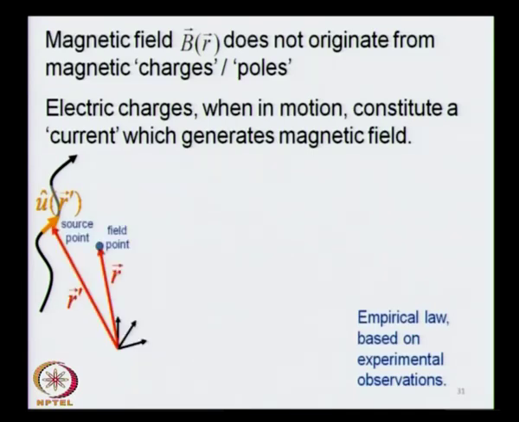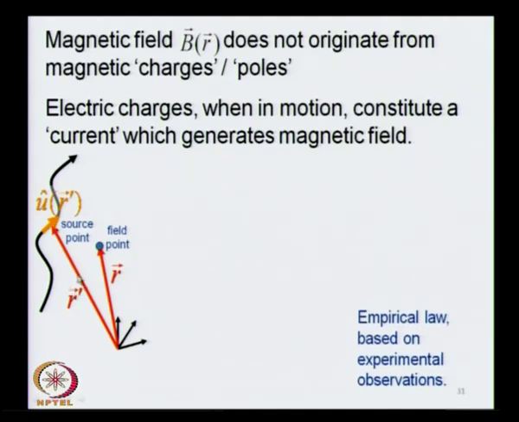The influence it generates is at the field point. The cause of this influence is the current flowing in the wire, which is where the source of this influence is. So, each element, when its size becomes infinitesimally small, is located about a certain point which is called the source point.